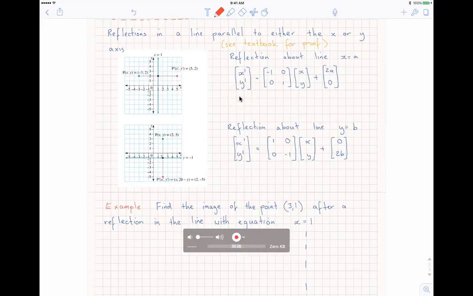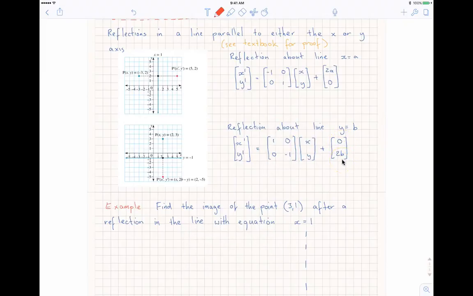If you want to look at the proof for these two, have a look at the textbook. Then a reflection about the line y equals b. That's our b for this particular question, -1. We first multiply by the matrix 1, 0, 0, -1, and then we add the matrix 0, 2b.